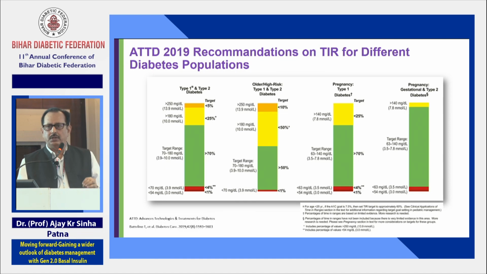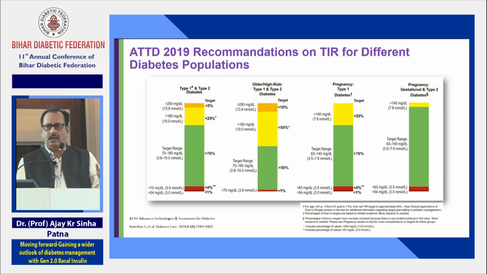Because we know hypoglycemia is one of the greatest risk factors for cardiovascular-related complications, that's why they recommend this in high-risk patients. And for the last part, gestational diabetes mellitus, they recommend that the sugar should be in range more than 90% of the time.